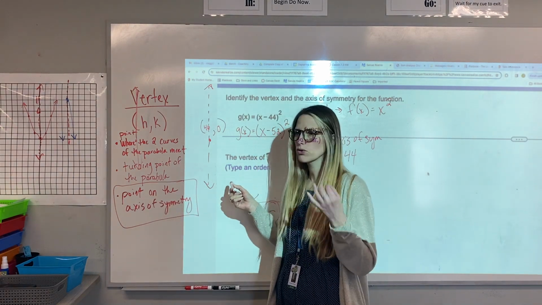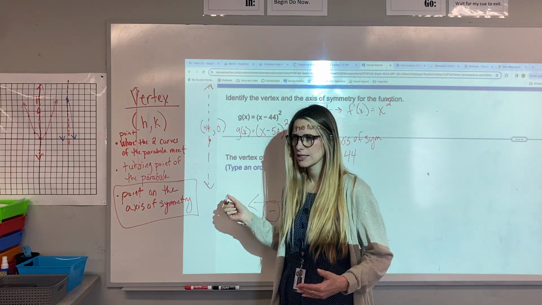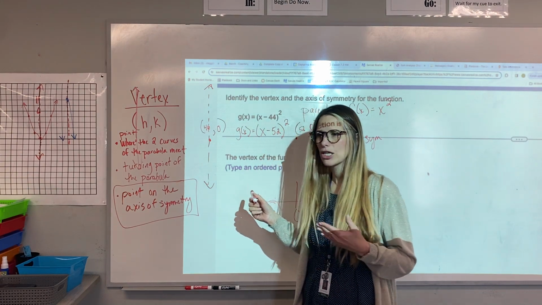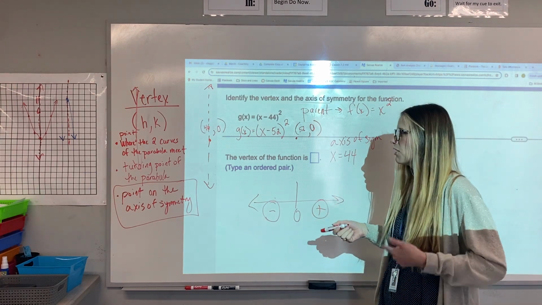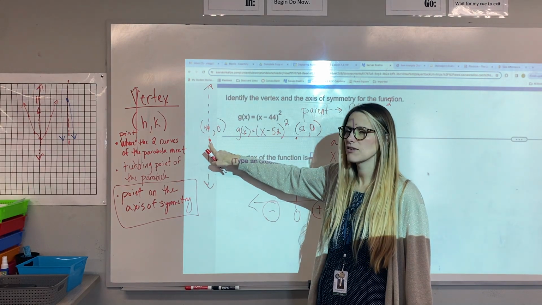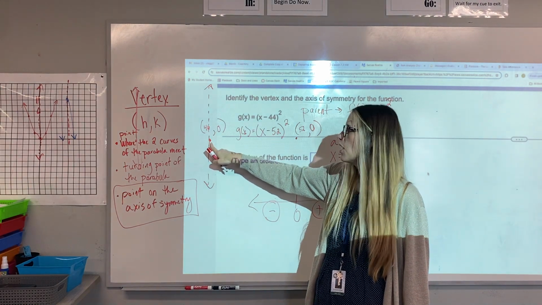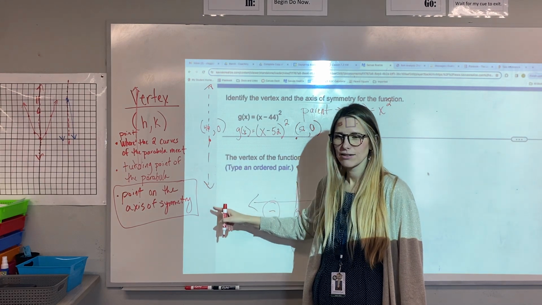We have already proven in the previous part of the question what the vertex is. Now we can use that fact to say, well, if the vertex is at this point, then the axis of symmetry has to be the line that goes through it, right?